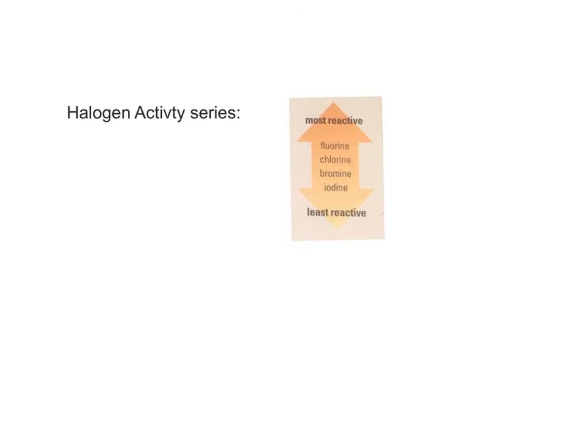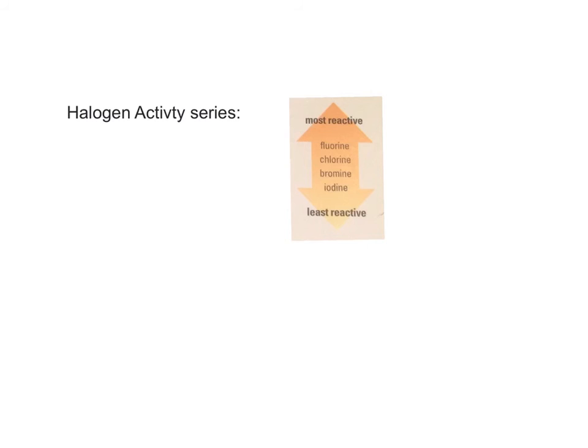Elements will only replace halogens that appear below them on the activity series. So fluorine up here at the top is going to replace chlorine, bromine, and iodine, but fluorine will never be replaced by anything else because it's the most reactive and at the top of the activity series.